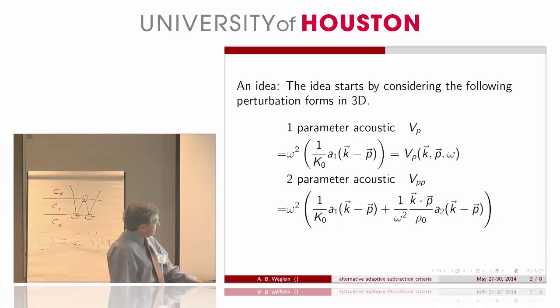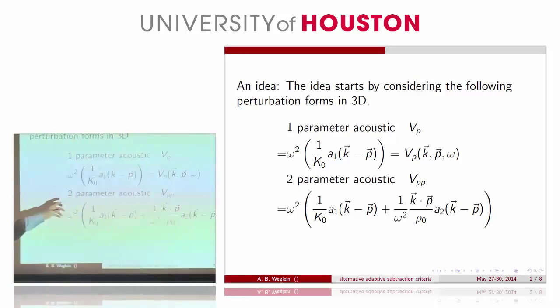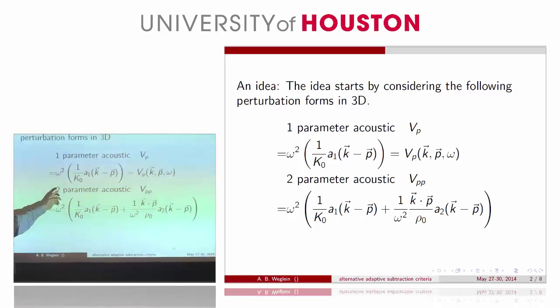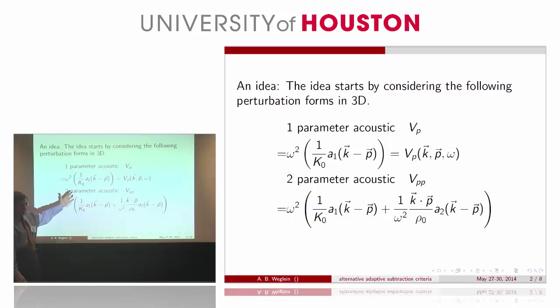If you have a perturbation operator for the kind of perturbation we've been talking about here, k squared alpha kind of thing, that's a velocity only varying Earth, no density changing. You get this omega squared over k0.